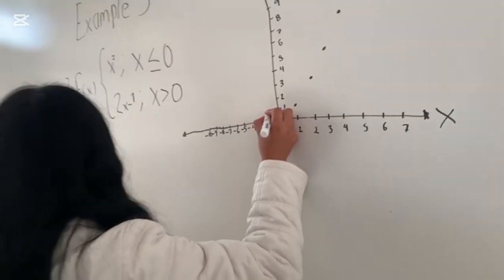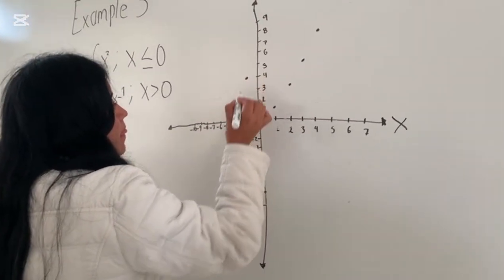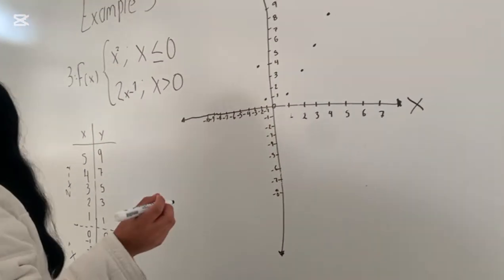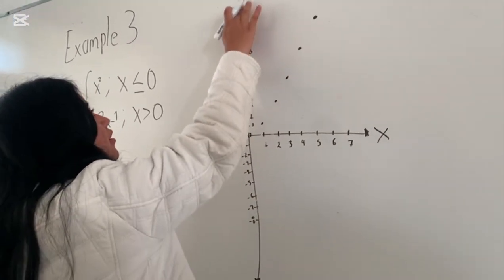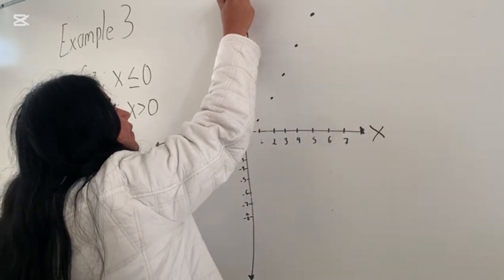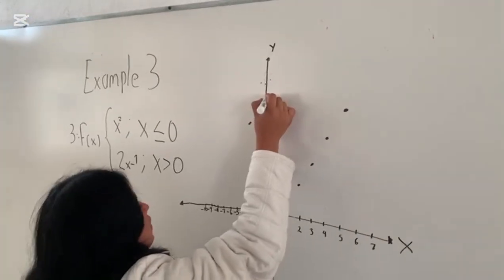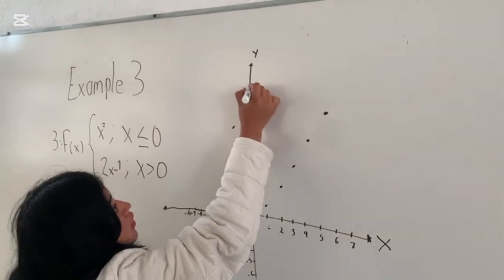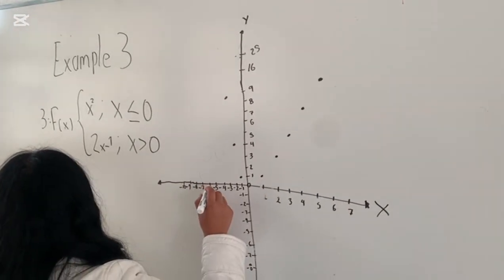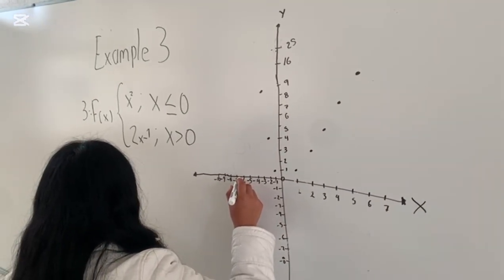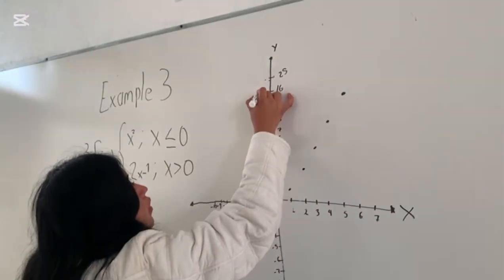So substituting in the 2x - 1 gives us outputs of 9, 7, 5, 3, and 1. And substituting in x squared gives us the outputs of 0, 1, 4, 9, 16, 25.